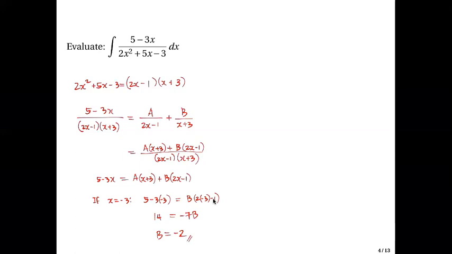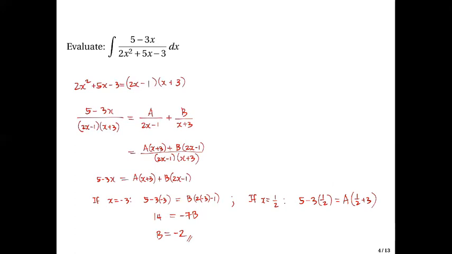And then to get a, we substitute x equals 1/2. So if x equals 1/2, on the left-hand side, we have 5 minus 3 times 1/2. On the right-hand side, we have a times 1/2 plus 3, and this b term will become 0.